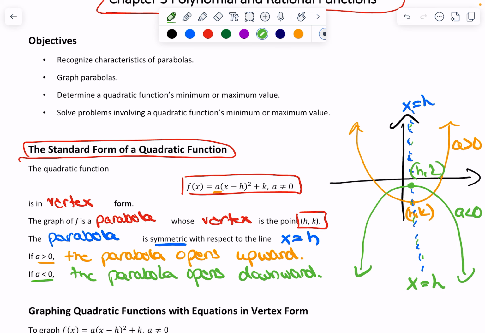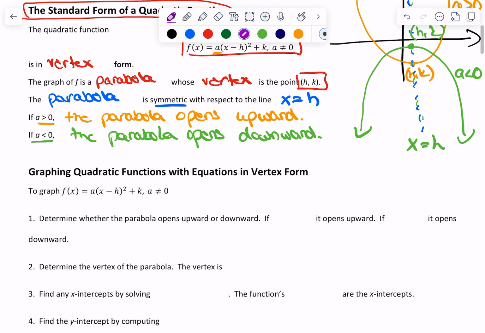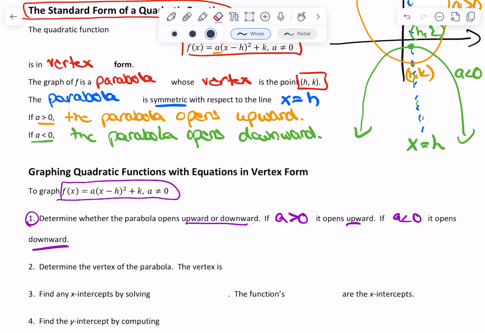Okay, so let's look at the steps for graphing quadratic functions with equations in vertex form. So first, we're going to determine whether the parabola opens upward or downward. If a is greater than 0, it opens upward. If a is less than 0, it opens downward. So this number here tells us if it opens up or down.